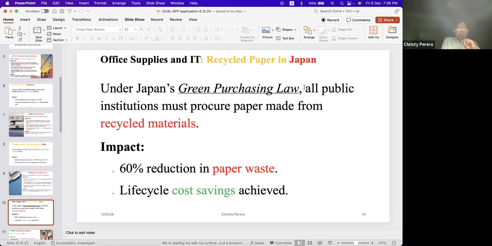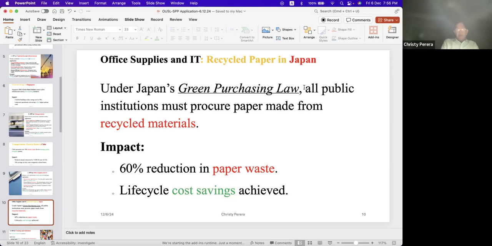Maybe some other laws also, there are regulations and acts. All public institutions must procure paper made from recycled materials. That's what I have explained to you all. The impact I want to tell you: 60% reduction in paper waste.